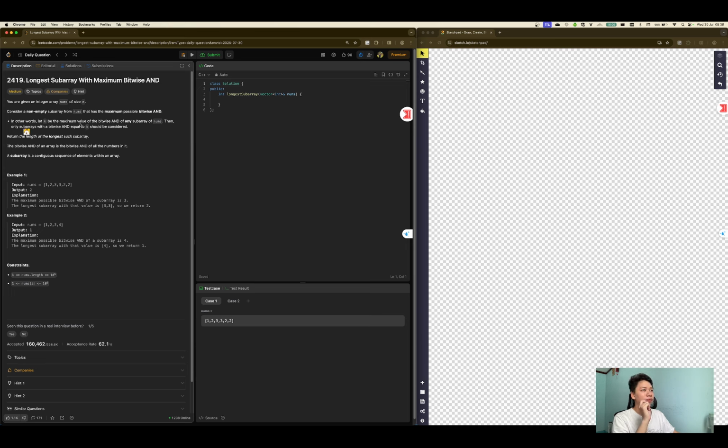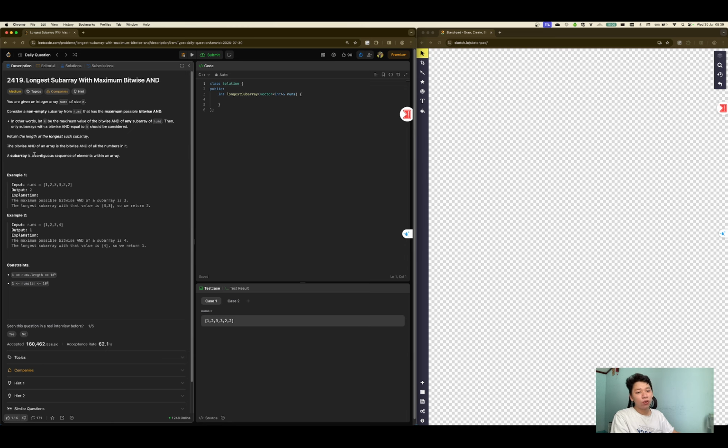Let k be the maximum value of the bitwise AND of any subarray of nums. Then only subarrays with a bitwise AND equal to k should be considered. Okay, I understand it. Return the length of the longest subarray. That's it, just like the title already said.